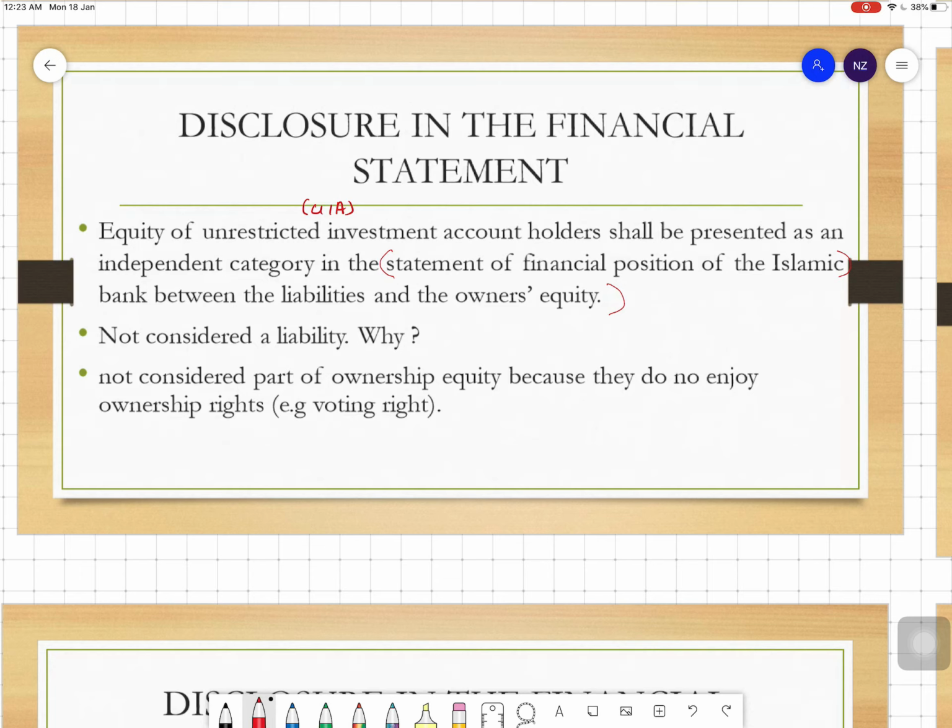So for UIA, we put it in the SOFP, either liability or owner's equity.